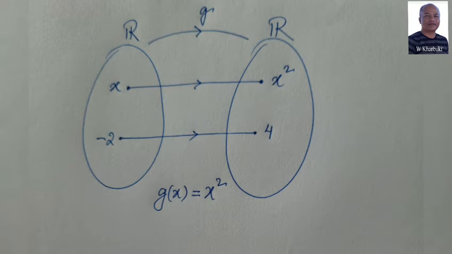For example, the real number minus 2 will be associated to 4 because a real number x is associated to x squared. So as a notation, we will use g of x equal to x squared. G will take x to x squared.